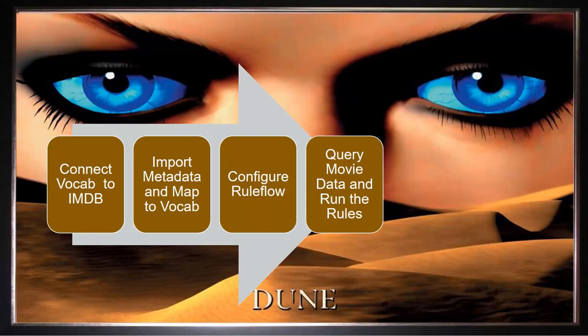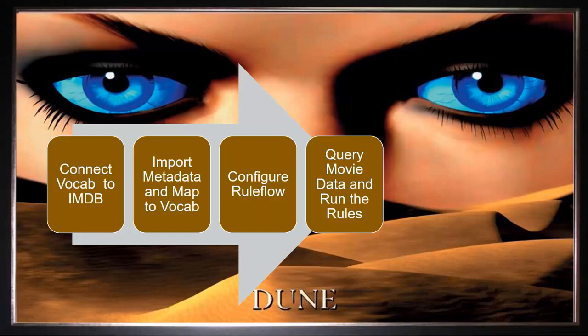So we're going to connect our Corticon vocabulary to IMDb, which is the internet movie database. Right, it's publicly available. We can import some data and map that to our vocabulary. So we have a match between the REST service and the Corticon fact model, the vocabulary that drives essentially our rules.